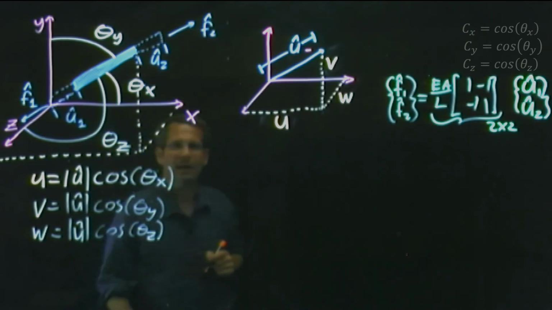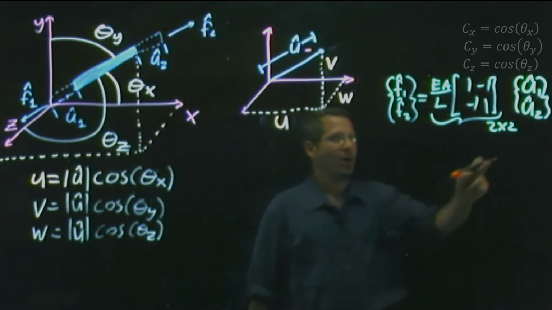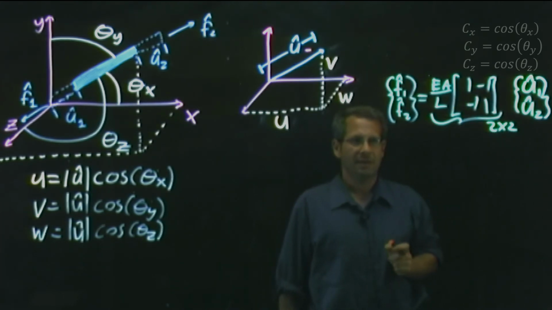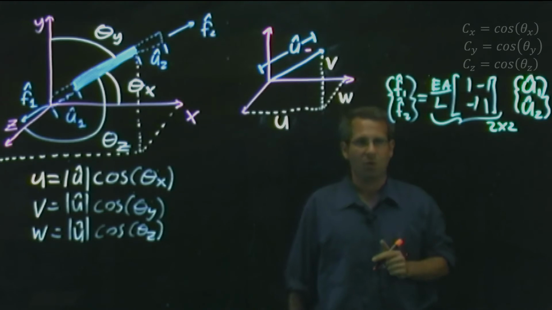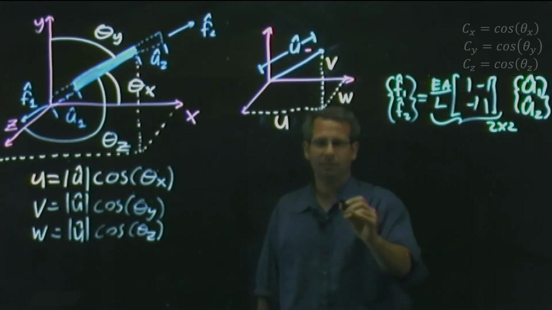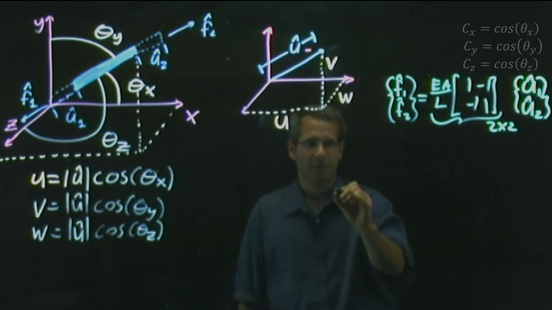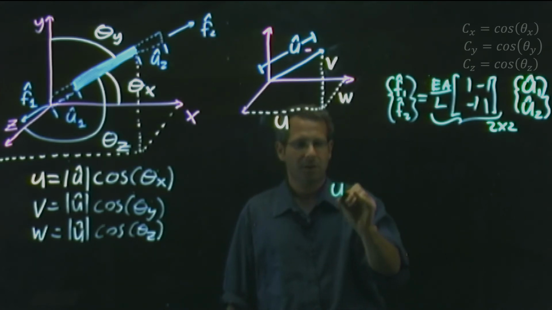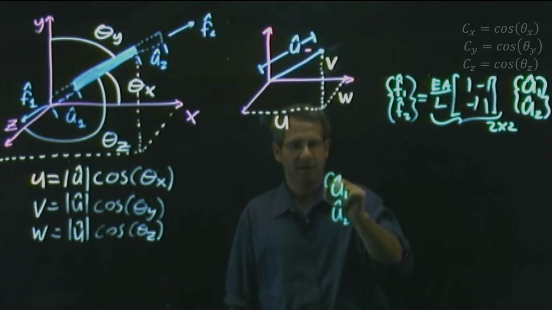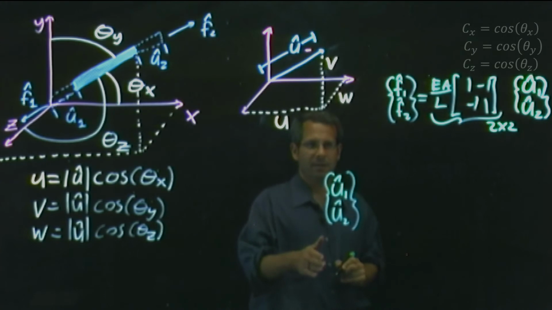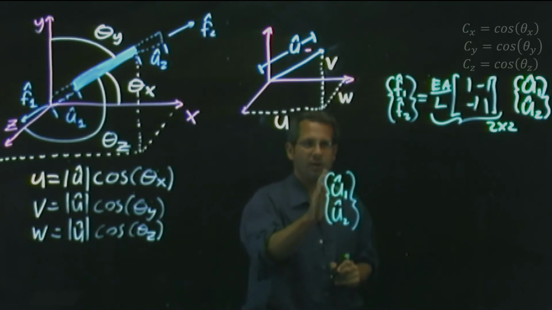Now that I understand that, suppose I had my local displacement vector in the local coordinate system, u1 hat and u2 hat. And I want the displacement vector in the global coordinate system.